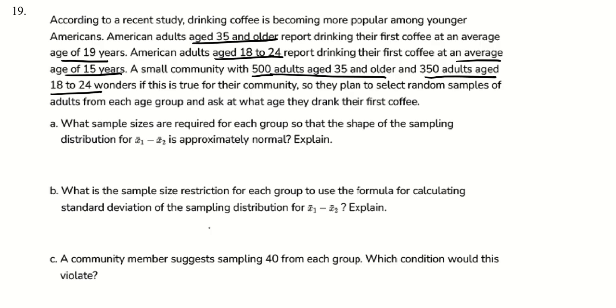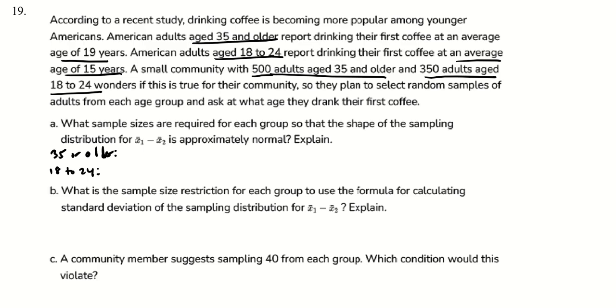What sample sizes are required for each group so that the shape of the sampling distribution x bar 1 minus x bar 2 is approximately normal? Explain. All right, so for the 35 or older versus younger, right? So 18 to 24, you would have to do the 10% condition, right? Or not the 10% condition, the large counts condition.